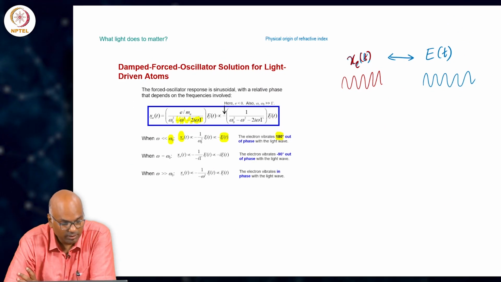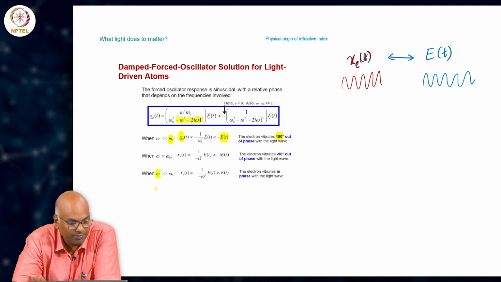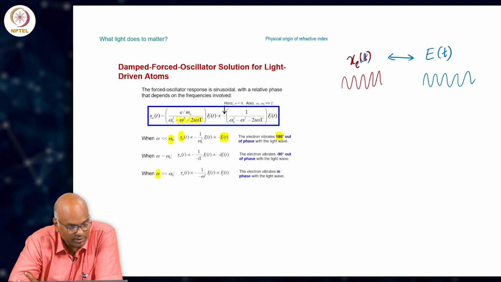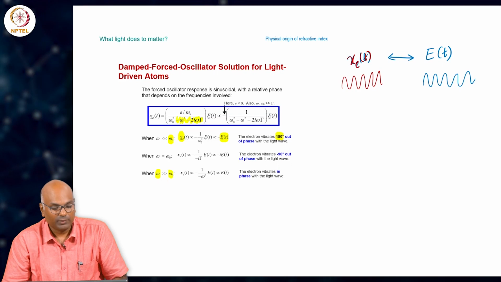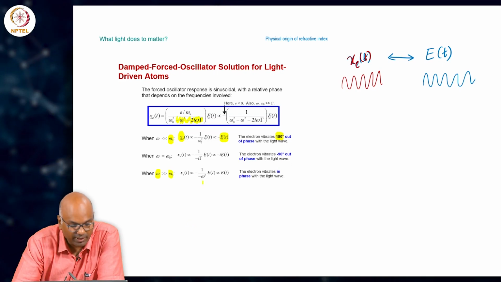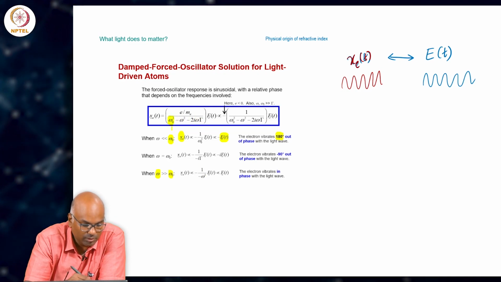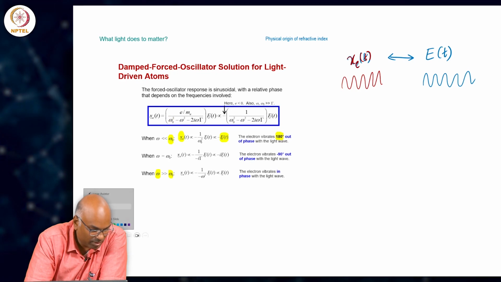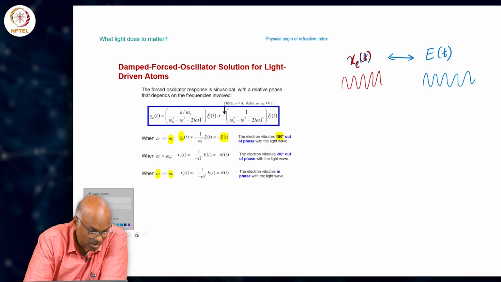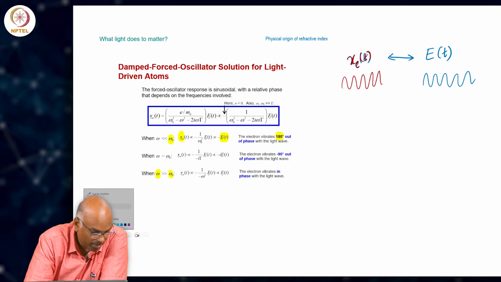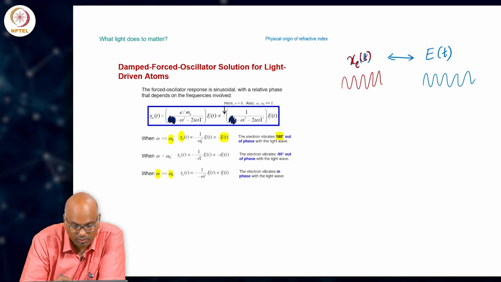However, let us consider the other extreme where omega, the driving frequency, is far greater than omega naught. What happens then? It is obvious. We can carry a negative sign from the denominator, we then knock off the omega naught squared term, take that out.